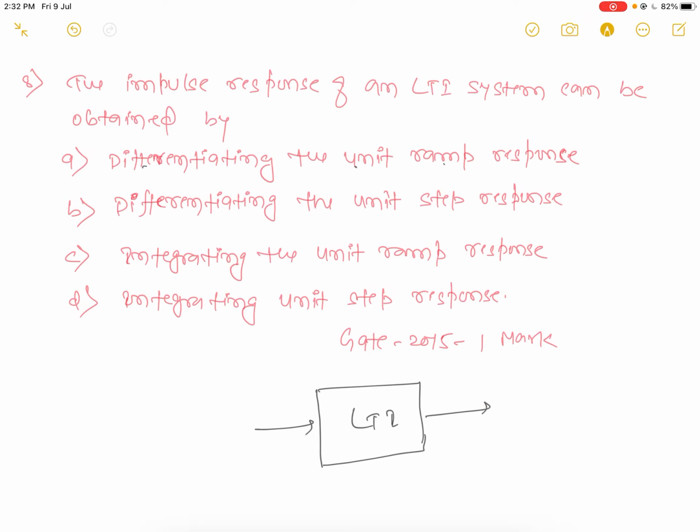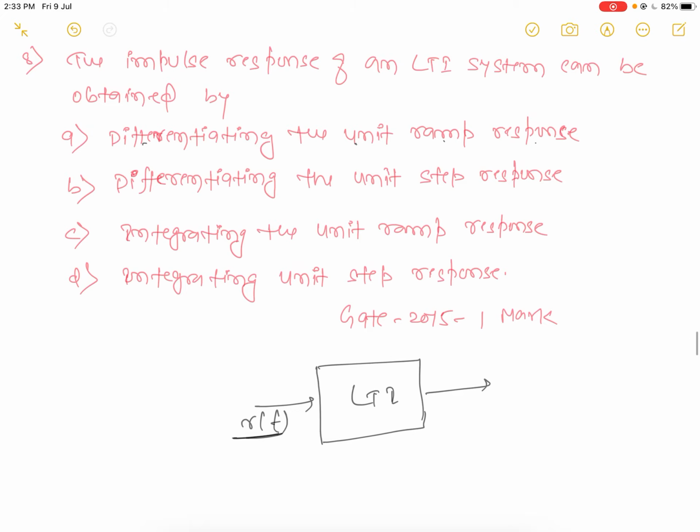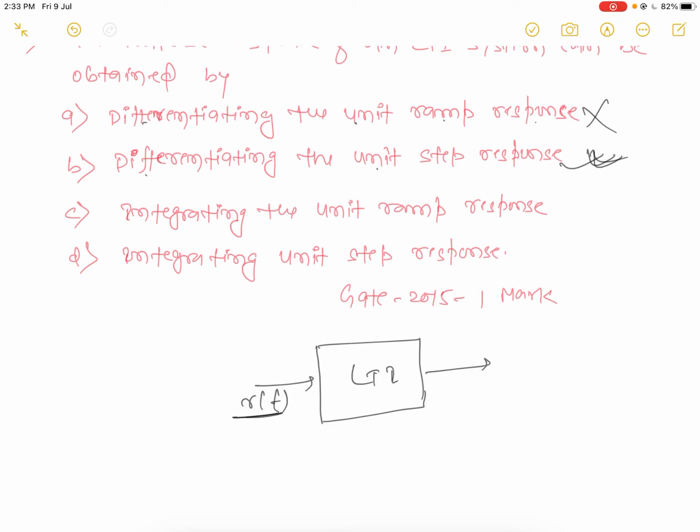Differentiating the unit ramp response: unit ramp means r(t), and when you differentiate r(t) you get u(t). So differentiating the unit ramp response is the wrong answer. Differentiating the unit step response is right, because when you differentiate the unit step response, you will get the impulse response.